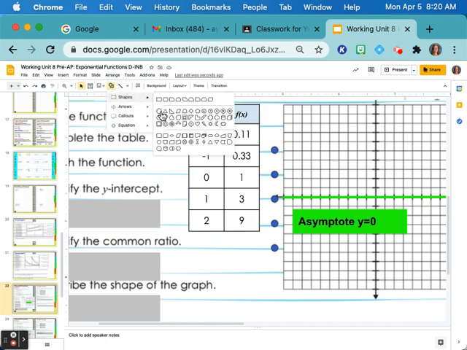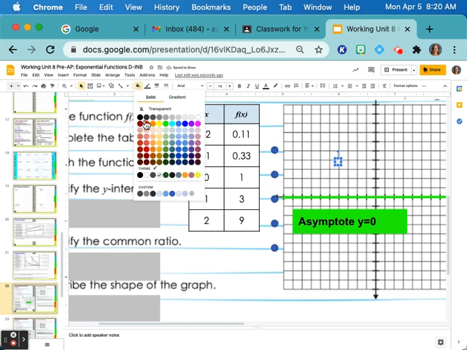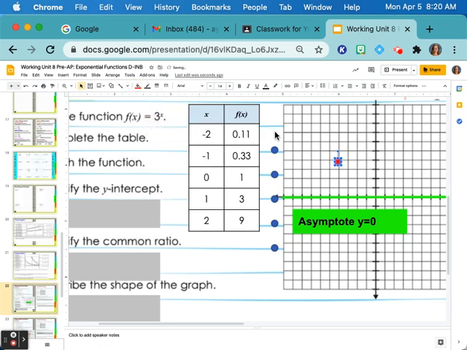So I need to make some shapes. I thought these were mobile, but they're not. So I'm going to make some points. Red. Okay, so 0, 1, 1, 3, 2, 4, 5, 6, 7, 8, 9. And then 0.3, and then 0.1.